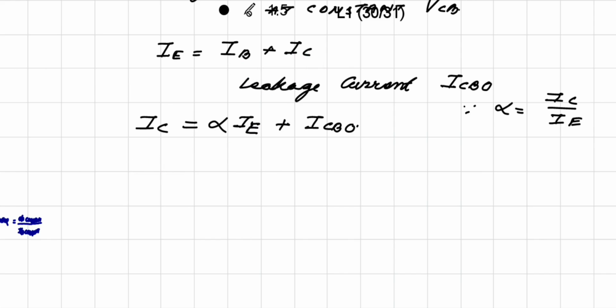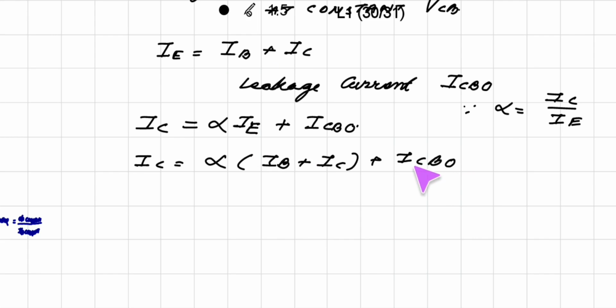Therefore IC is equal to alpha into IB plus IC, putting IE from this equation, plus ICBO.